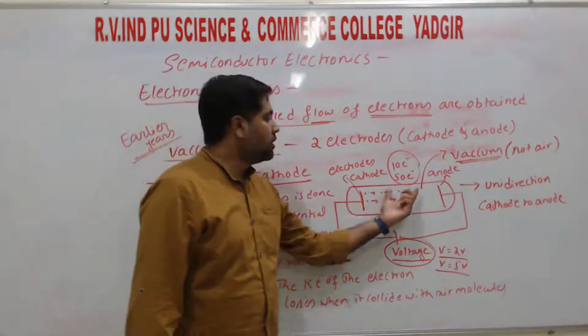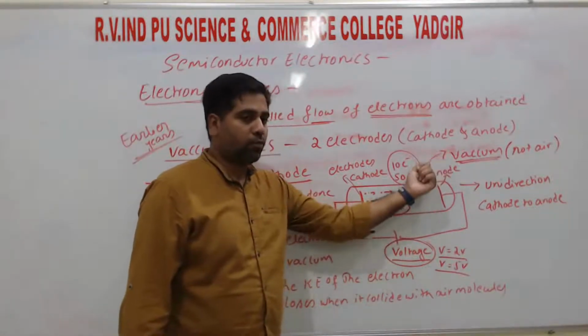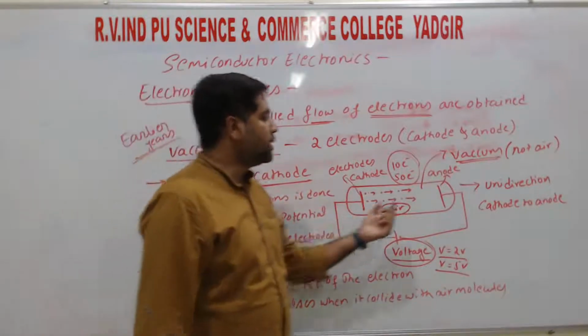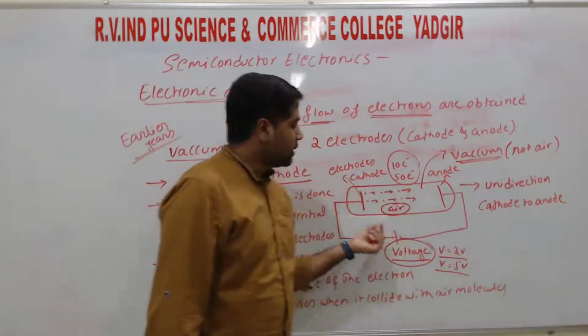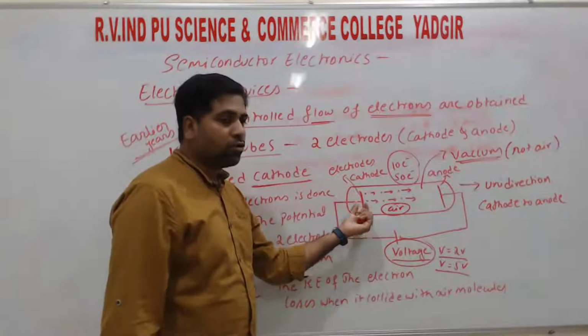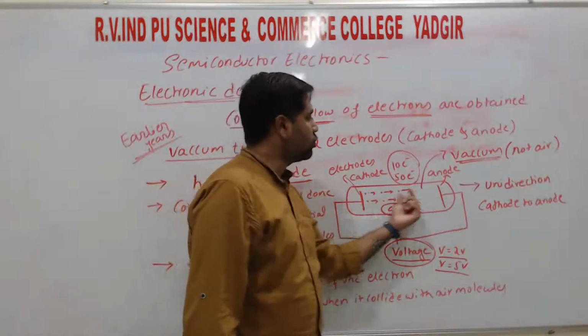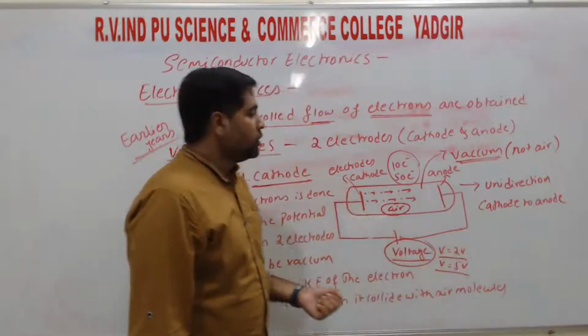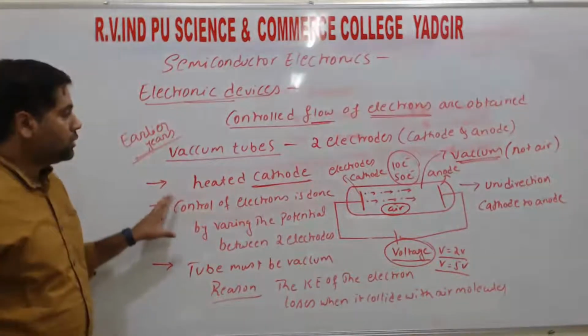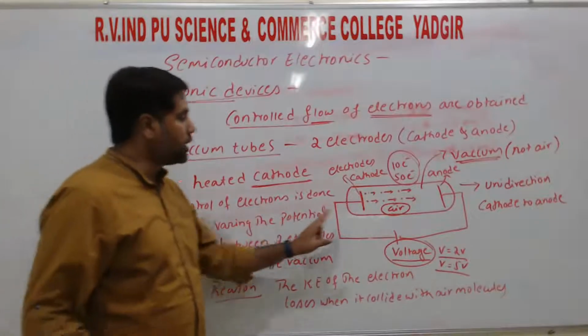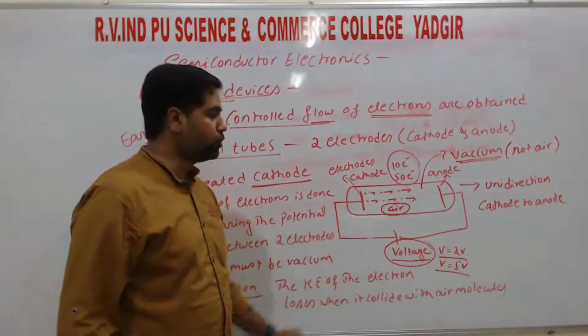So for that reason, the tube must be vacuum. And the fourth point is, it is unidirectional. That means the electrons emitted from the cathode will flow only in one direction, that is from cathode to anode, right? So this is how the electrons are emitted in the vacuum tubes.